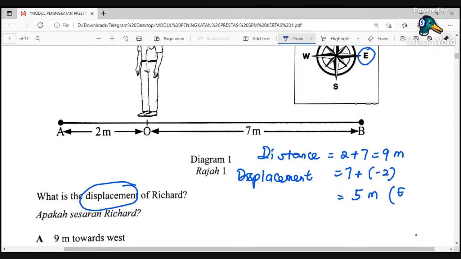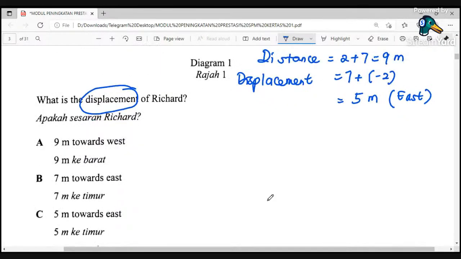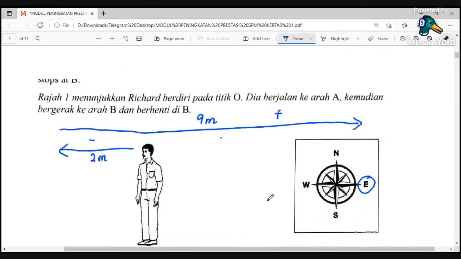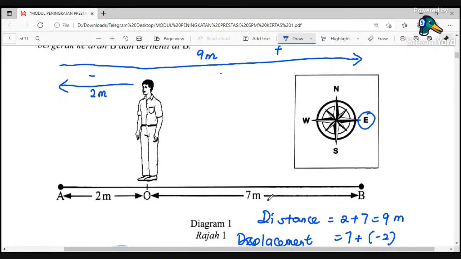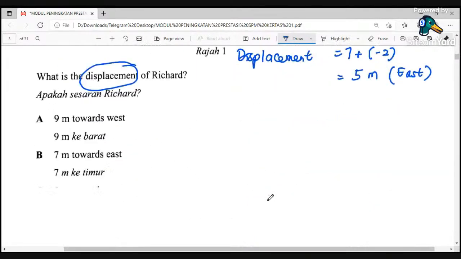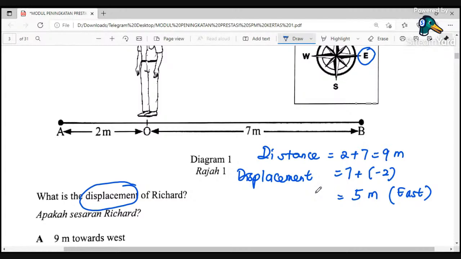Okay, so we get the answer should be 5 meter towards east. Okay, answer ialah C for number 2.